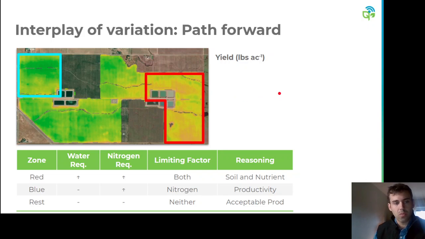So I want to wrap everything up around this concept. We had two different management zones, and it was only possible to understand that we had this situation by looking at all the data combined. So it is important to know that no single piece of information is going to give you this approach.